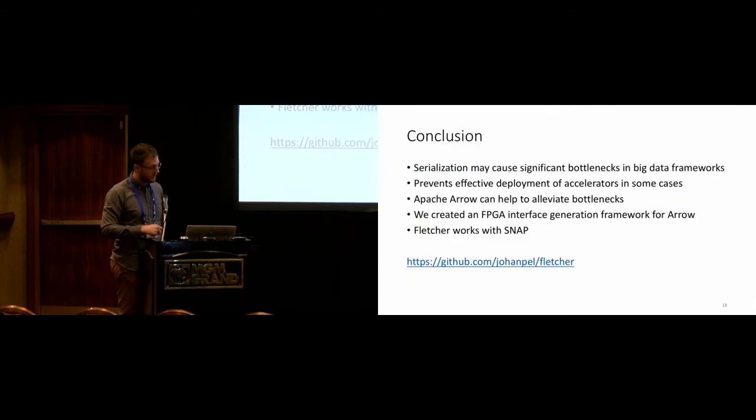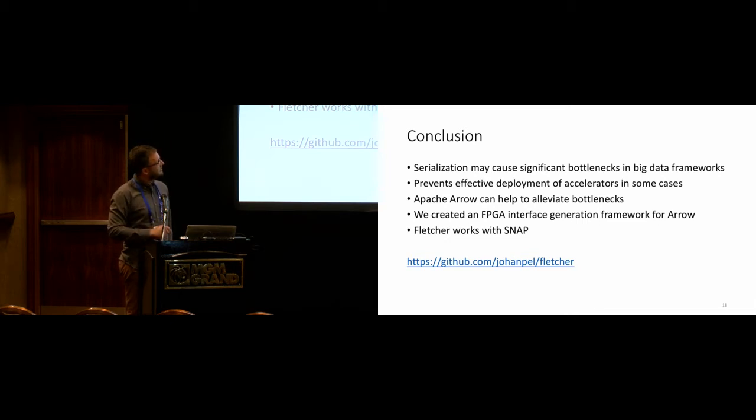All right, to conclude my talk, serialization may cause significant bottlenecks in big data frameworks. We've seen that from previous measurements too. It's going to prevent the effective deployment of accelerators in some cases, especially for frameworks in very high-level languages.